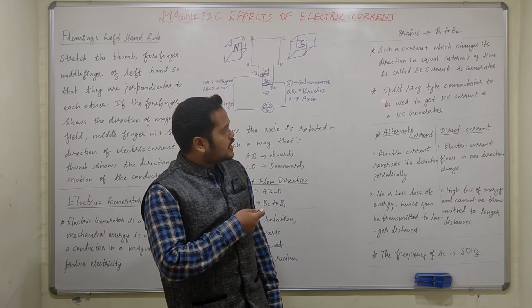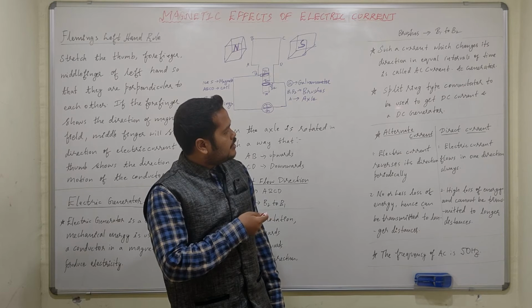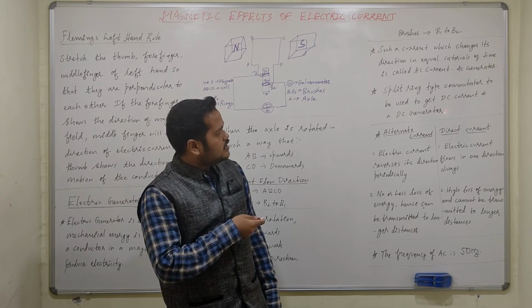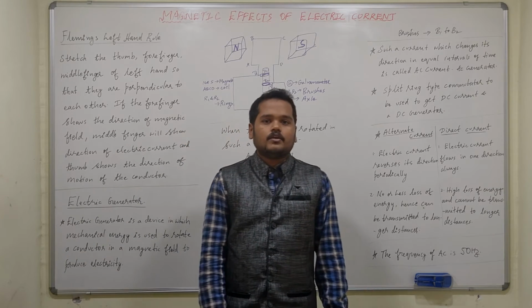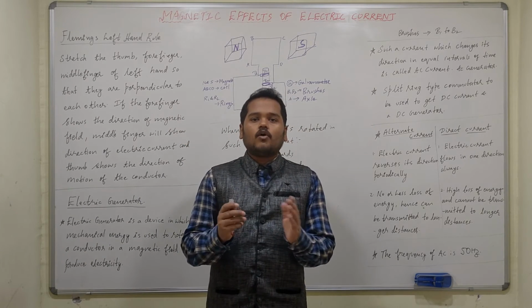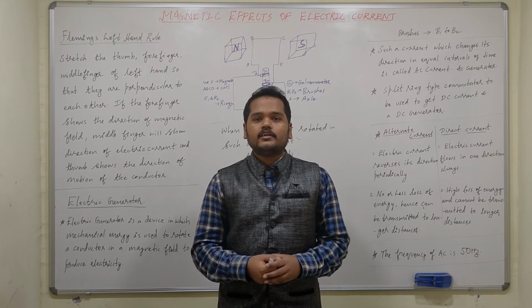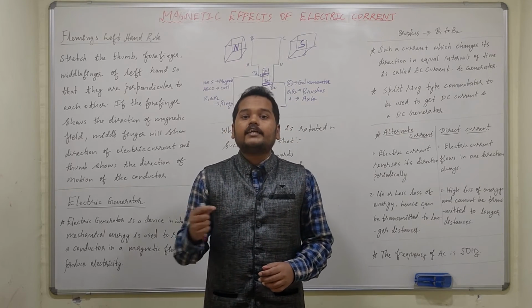If you use a split ring type commutator, it can be used to get DC current and a DC generator. Now we have talked about two currents: AC current, alternate current, and DC current, direct current.